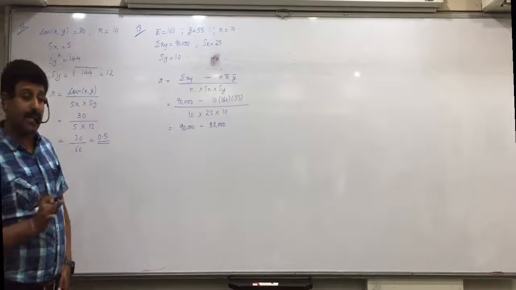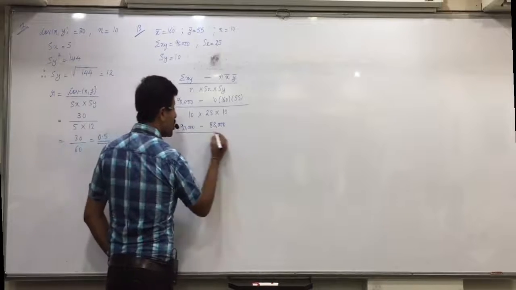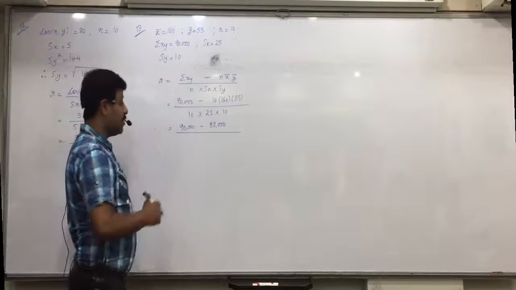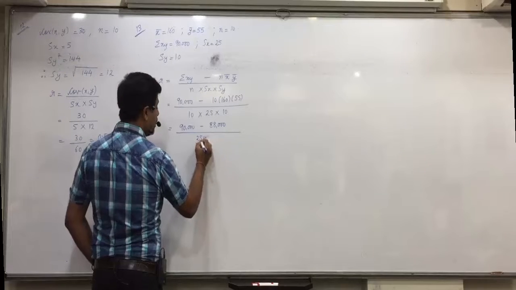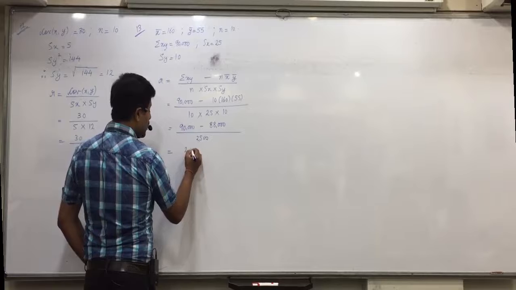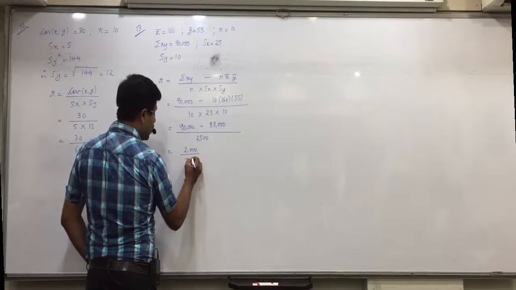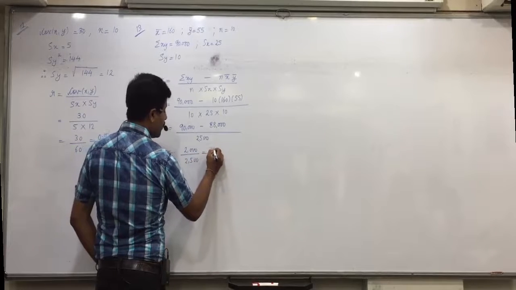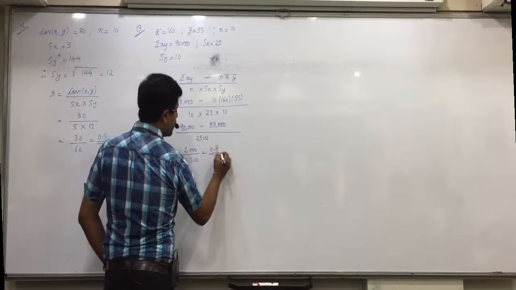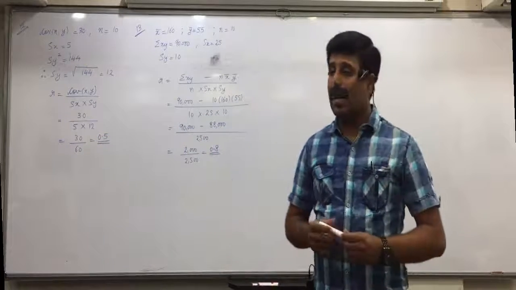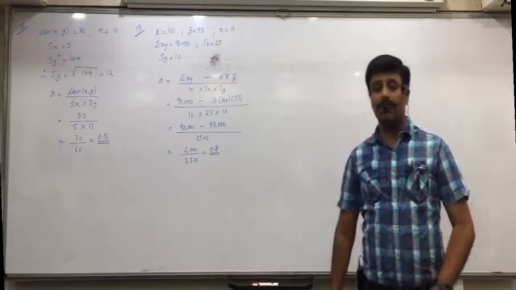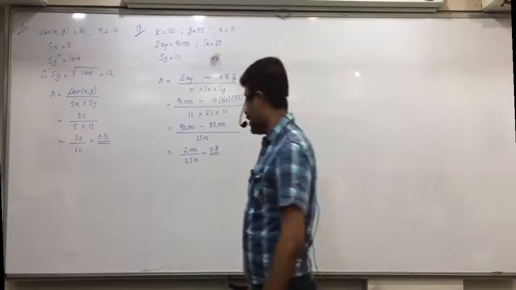Do you all get 88,000? Yes. Rushil, do you get it? 88,000? Tell me the denominator. 10 into 25 into 10 is 2,500. So 2,000 divided by 2,500 is 0.8. So here what will you say? High degree. Thus there is high degree of positive correlation between height and weight. Write that sentence.